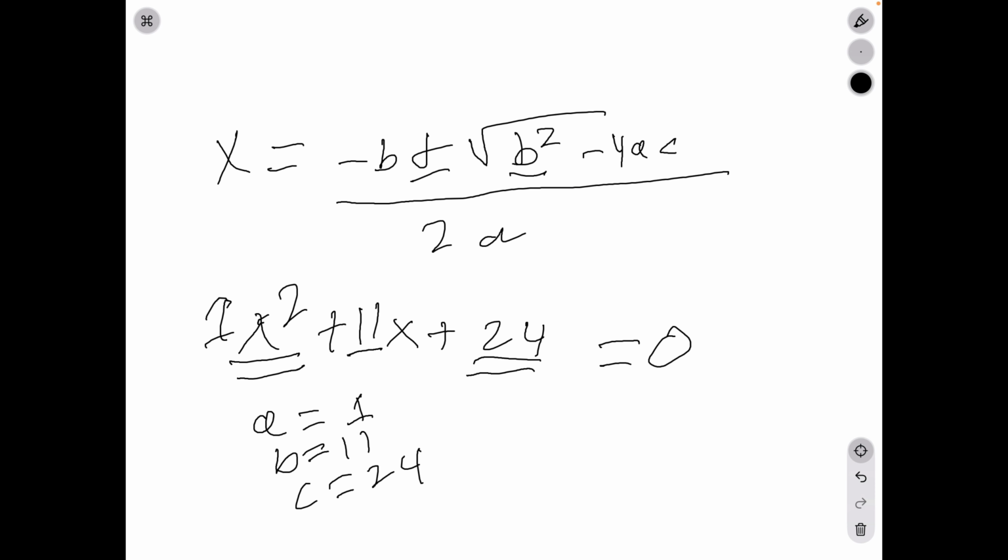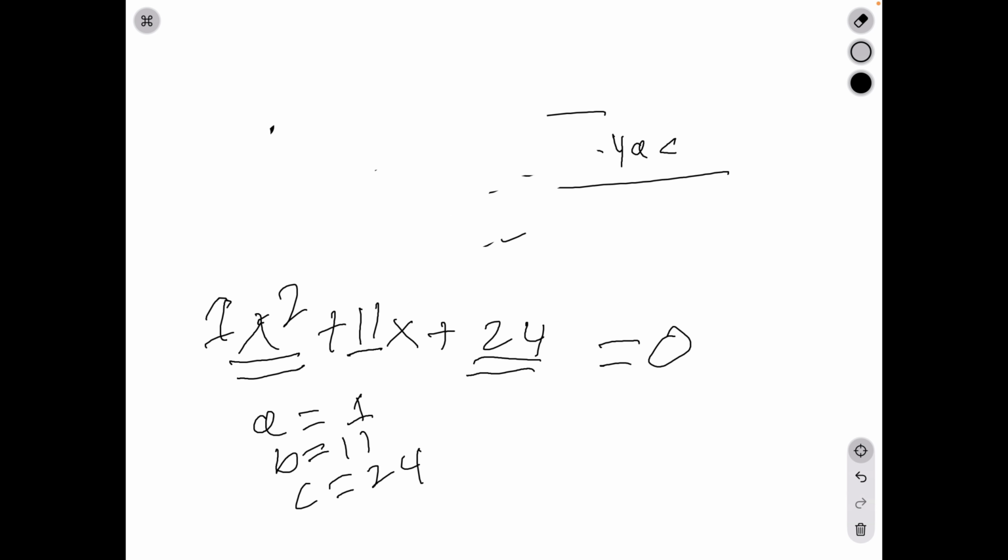Before we start solving though, we always need to remember that you have to think about the sign that's in front of the number. For example, we assigned that b equals 11 because that's the number in front, but you also have to look at the sign in front.